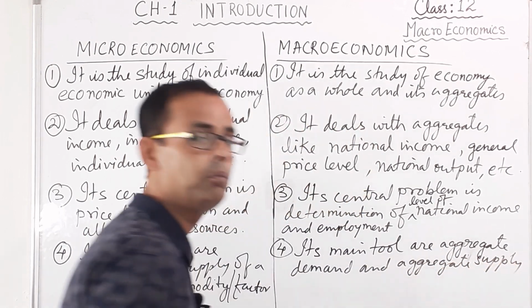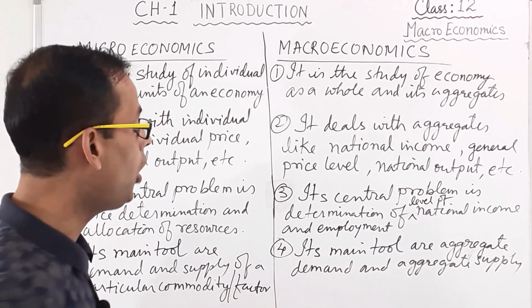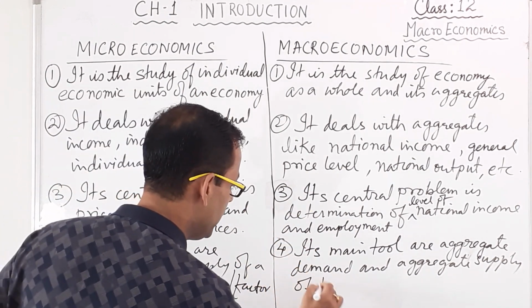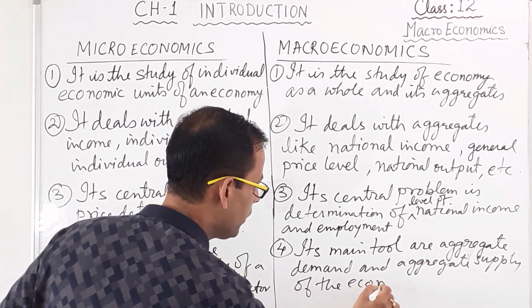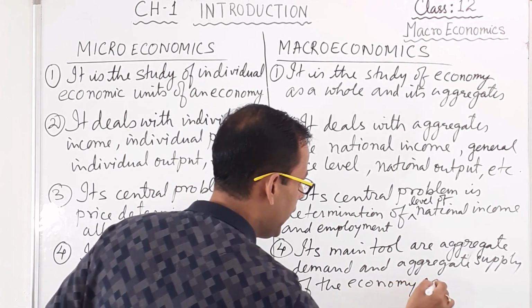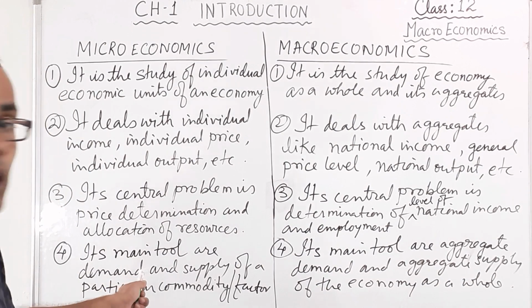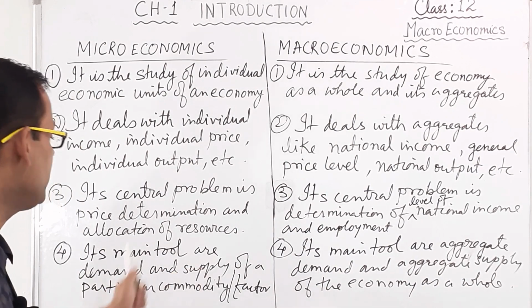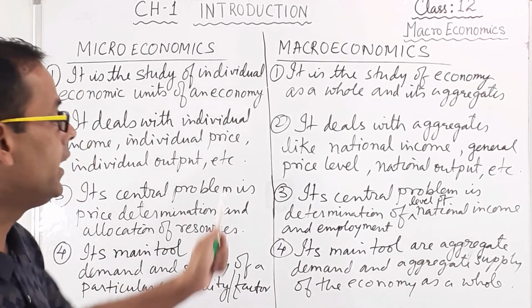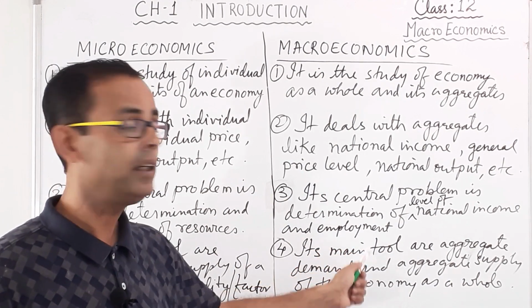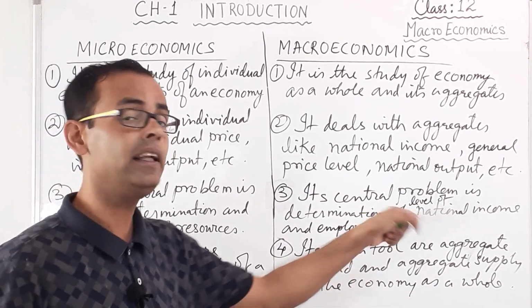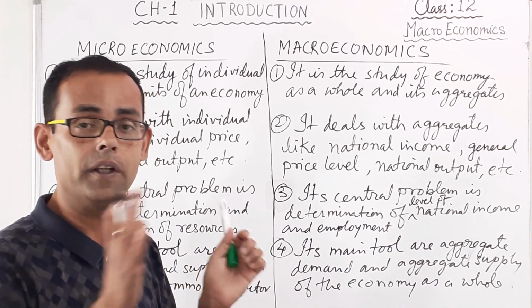So this will be the main tool on this side, of the economy as a whole. So here, the main tool is the demand and supply of a particular commodity. Here it is not the demand, but the aggregate demand and the aggregate supply of the whole economy.